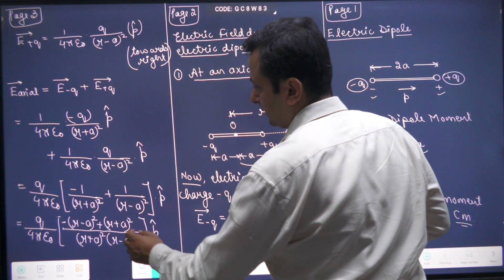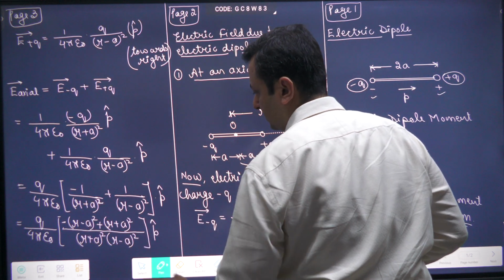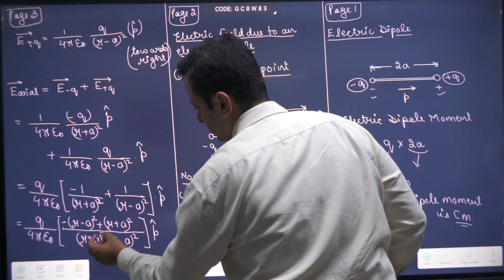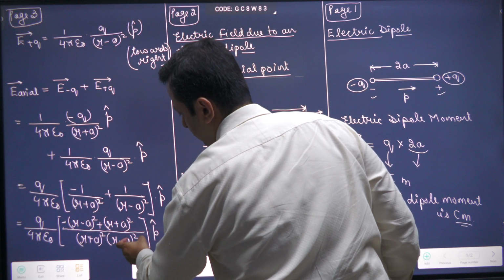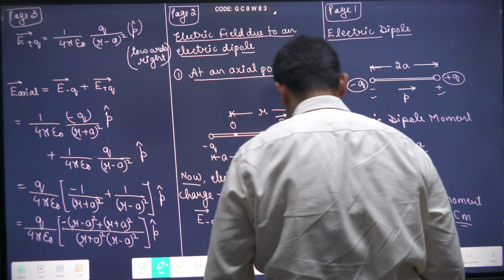Now, Q upon 4 pi epsilon naught, we have taken the LCM of these two, (R plus A) whole square into (R minus A) whole square.